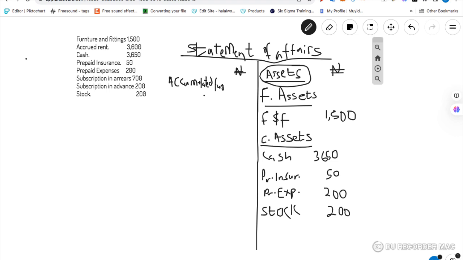While subscription in arrears means that the members have enjoyed the benefit, but they have not made payment for the subscription. This is an asset to the organization because it is the organization that owns that money. The members are indebted to the organization. So this subscription in arrears is an asset.